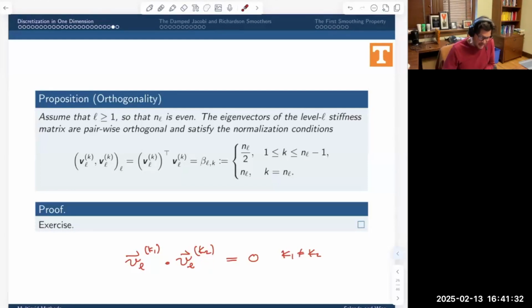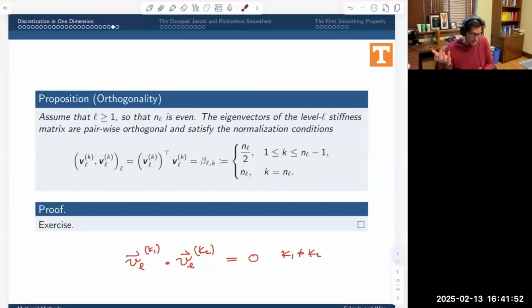They depend on k. So for k equals N_L, it's just N_L. But for k less than or equal to N_L minus 1 specifically, the normalization constant is N_L over 2 when I take the dot product of these two vectors together.